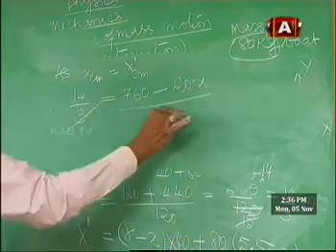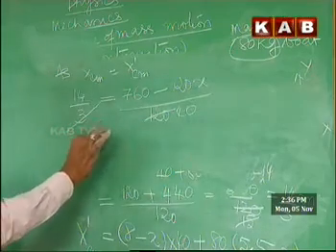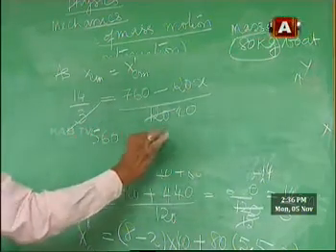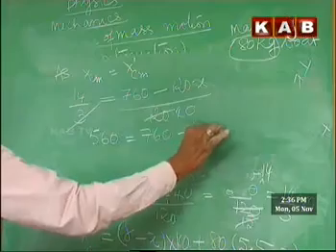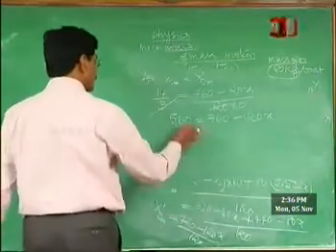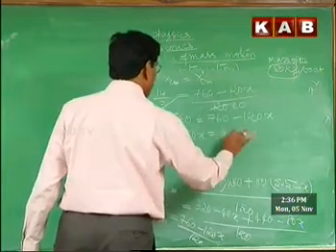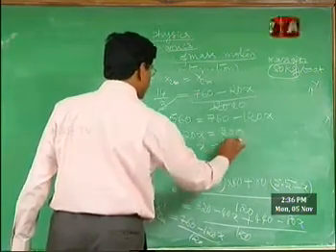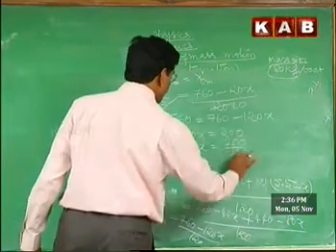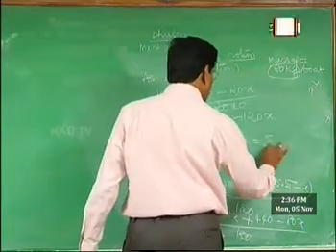So 560 is equal to 760 minus 120x. From this we calculate 120x is equal to 200. Therefore, x is equal to 200 by 120, 5 by 3 meters.